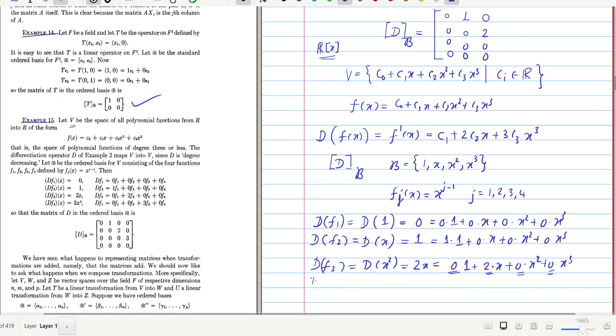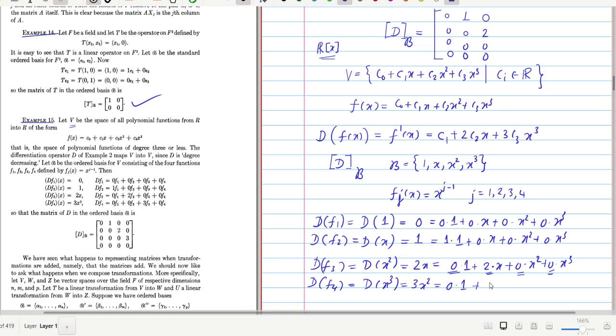Then from D of f4 we can get the last column, that is D of x cube. D of x cube means the derivative of x cube, that is 3x square, which is equal to 0 times 1 plus 0 times x plus 3 times x square plus 0 times x cube. So this will give the last column of that matrix.